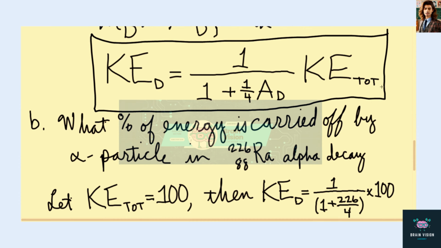If we assign, since we're working in percentages, the kinetic energy total of 100, then we can insert the relevant numerical values into our expression for a kinetic energy of the daughter, specifically the atomic mass number of radon, the atomic mass number of our alpha particle, which is 4, and which we already determined in the above relation, and our kinetic energy of the entire reaction that we're assigning a value of 100 for convenience.